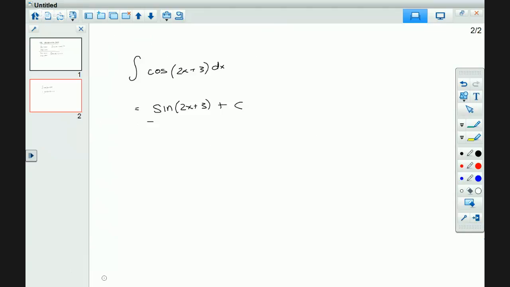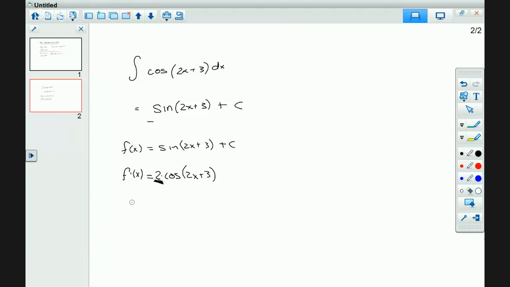Let's say this will probably make it more clear, and we can throw the plus c out there. What's the derivative of that? Cosine times 2.